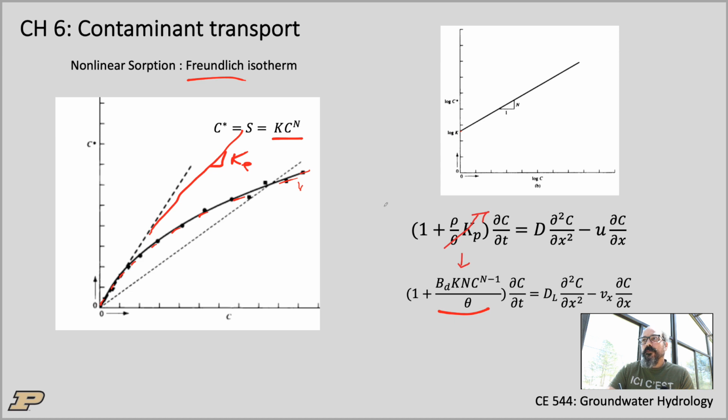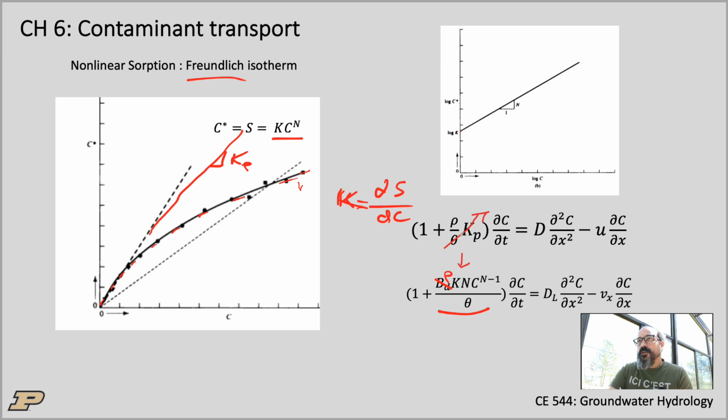But now, of course, because the partition coefficient is by definition the differential of the sorbed versus the bulk, dS/dC, when we differentiate that power law, we get this n minus 1 here. And finally, here this is rho, really, that should be rho, that's just my feather writing. But anyway, you can see that it's a different partition coefficient.